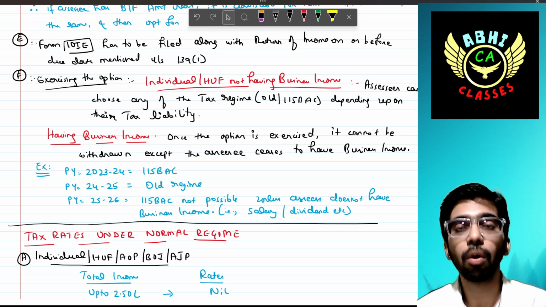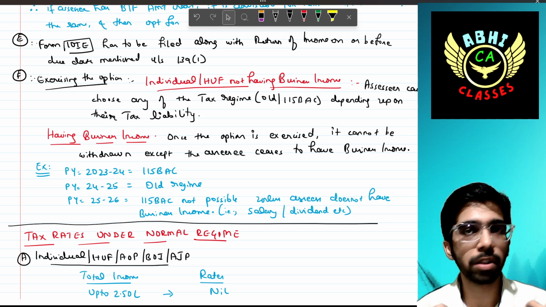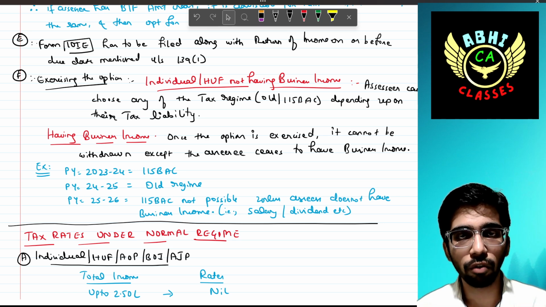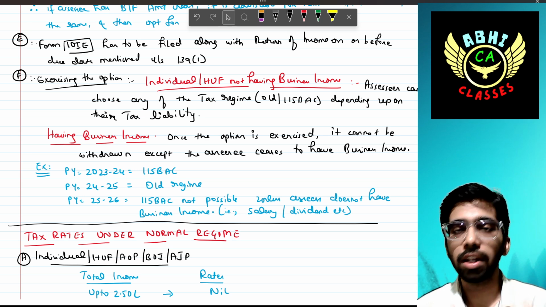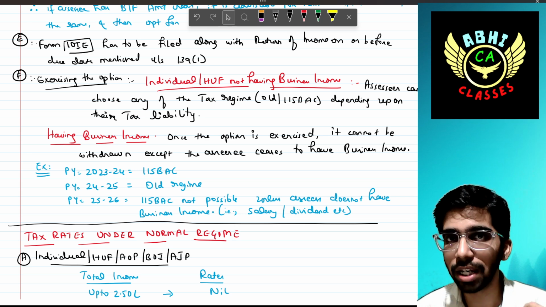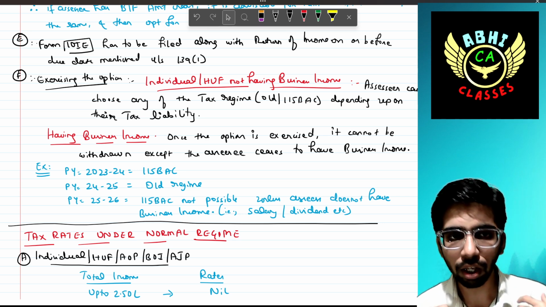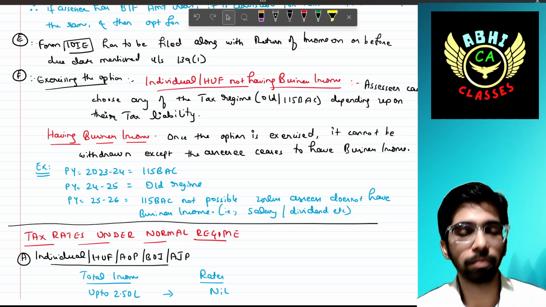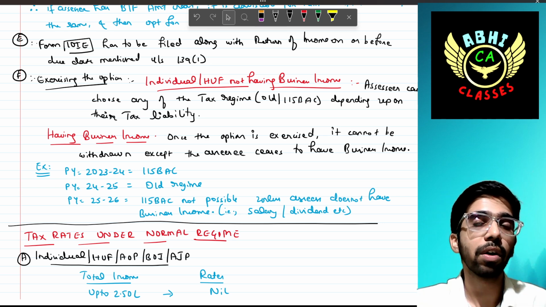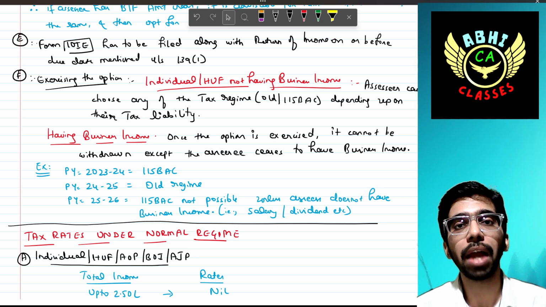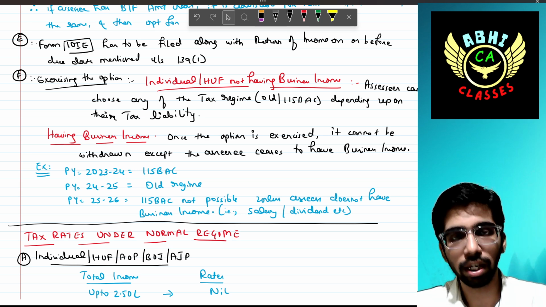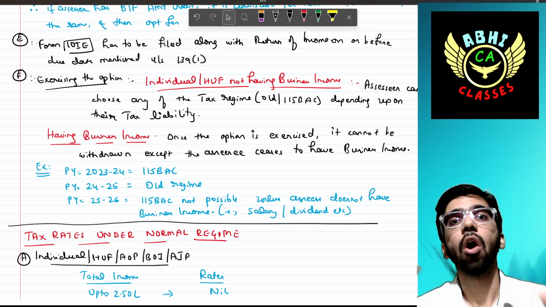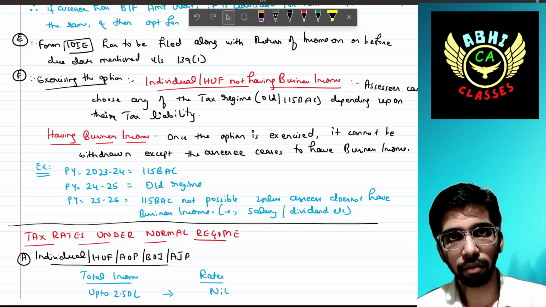Let's see one example. If I am having a business income, in previous year 23-24, the current previous year, I am opting for 115BAC, that is the default tax regime. Next year, I will opt for the old regime. Next, in 25-26, I cannot come again to 115BAC as long as I am having the business income.